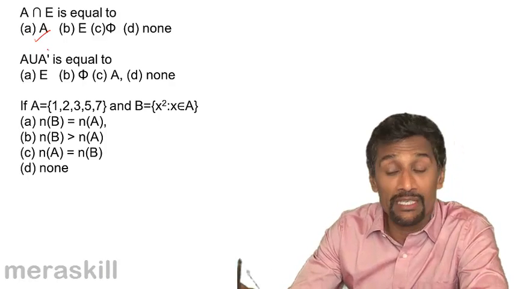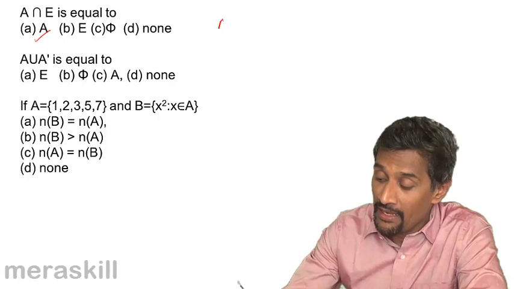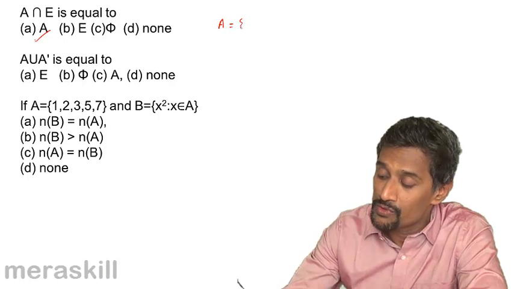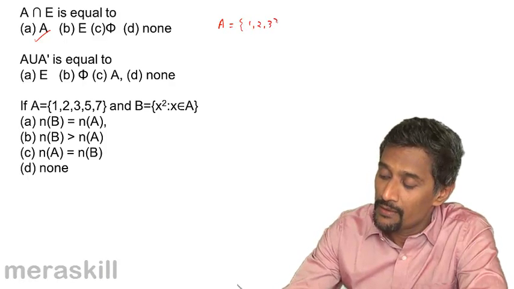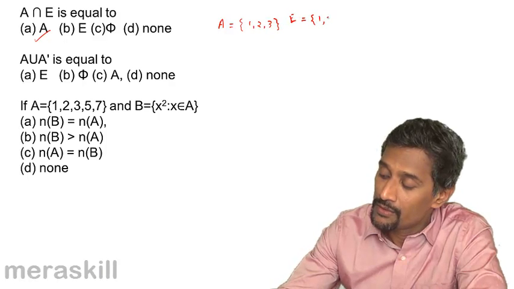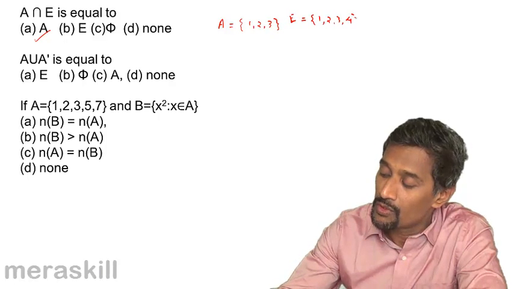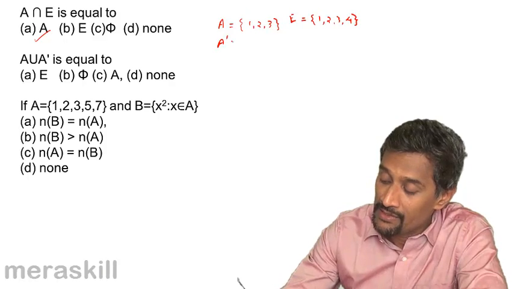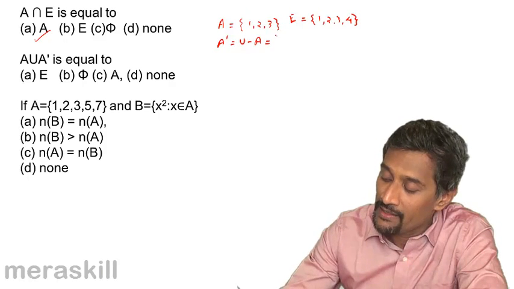A union A dash. Suppose A is {1, 2, 3} and E is {1, 2, 3, 4}. A dash is nothing but U minus A, which is 4.